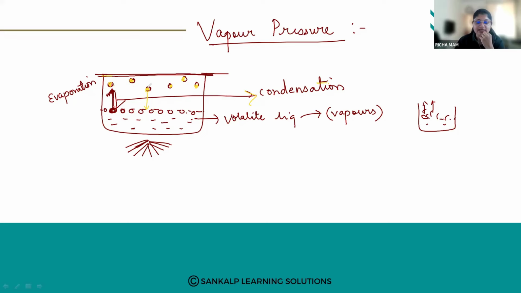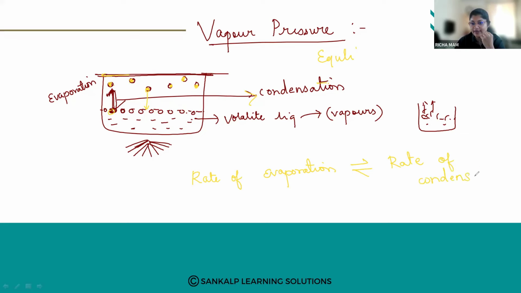Now, whatever pressure is exerted by the vapor of the liquid on the surface of the solution or liquid, when an equilibrium is established. What is this equilibrium? As the molecules are converting into vapors, at the same time they are coming back, condensation is taking place.